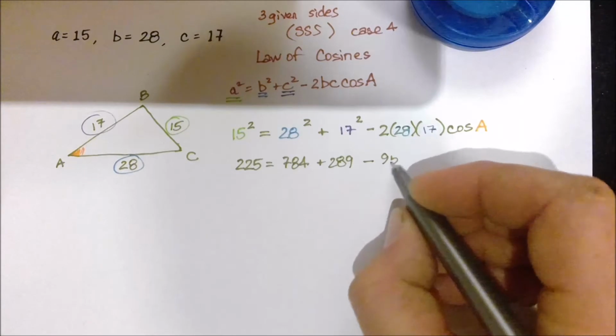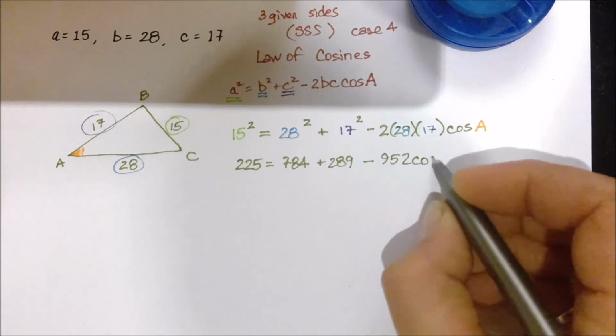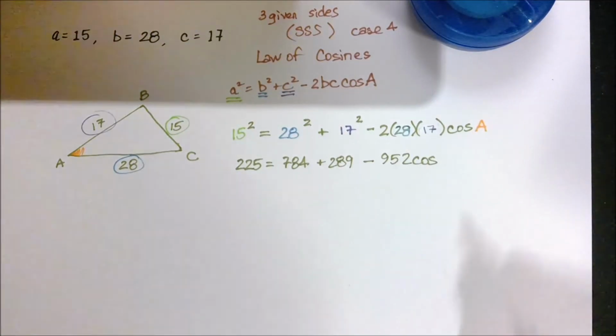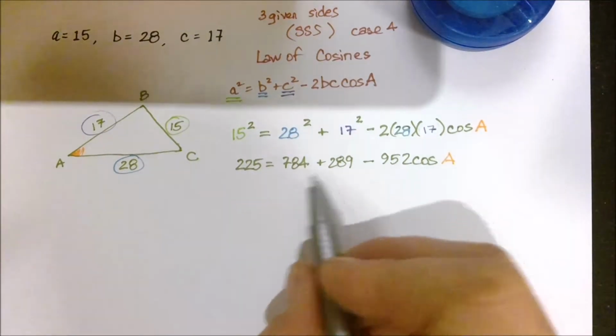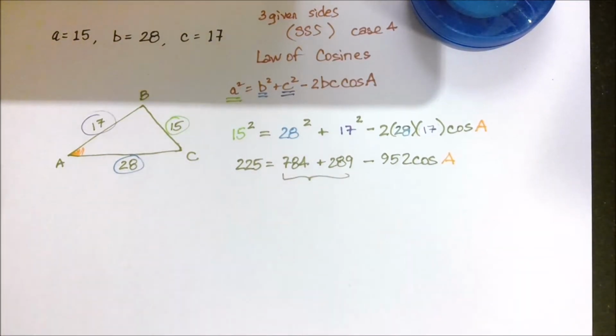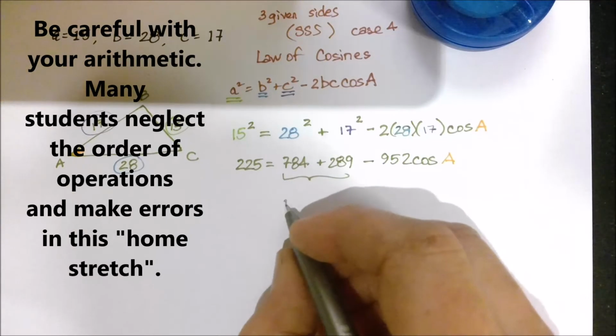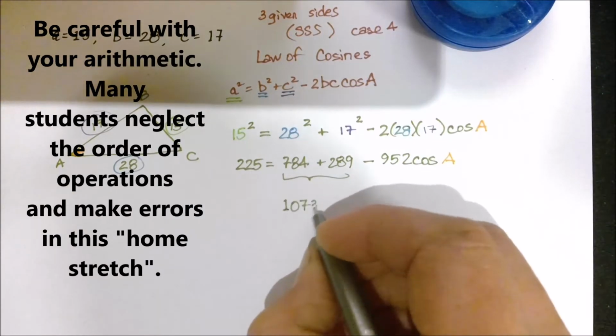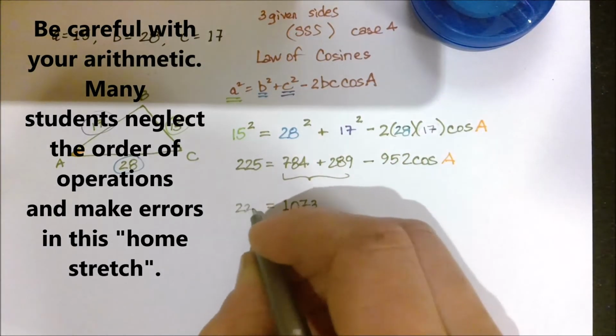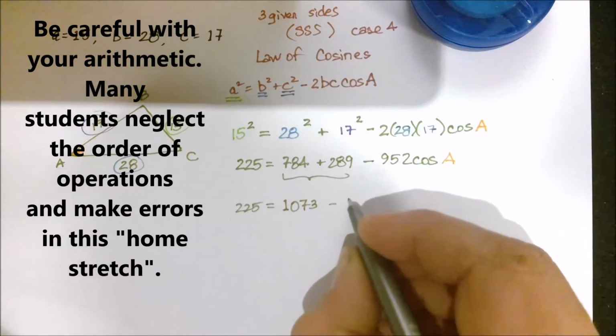I get 952 times the cosine of angle A, right? I'm going to put these 2 together, and again, you can just feel free to go ahead and skip past some of this. This is mundane tasks going on here, combining integers and things like that.